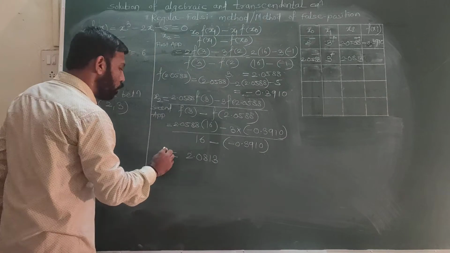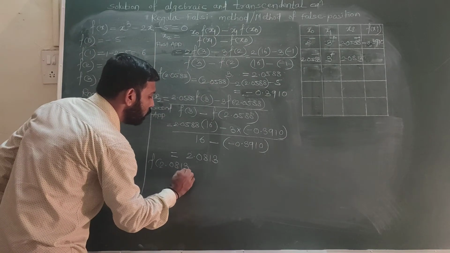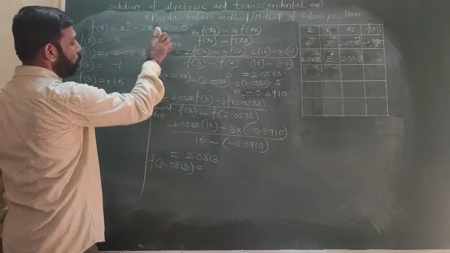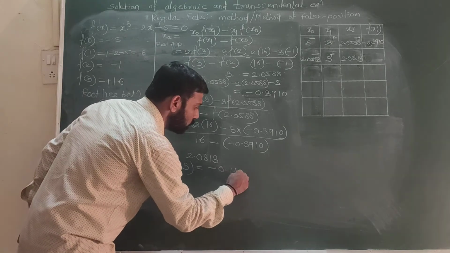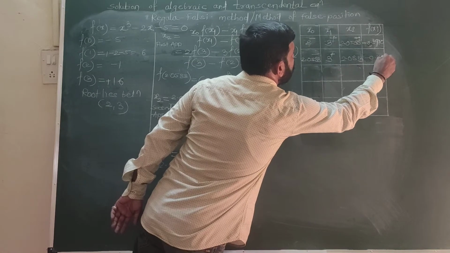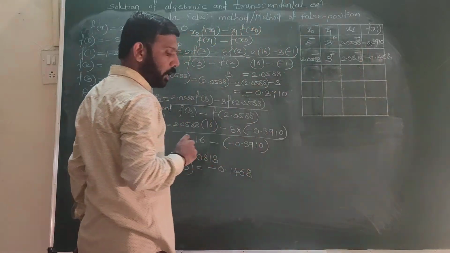Now we require the sign. Putting 2.0813 in the given polynomial, the output is minus 0.1468, and this minus sign goes here.